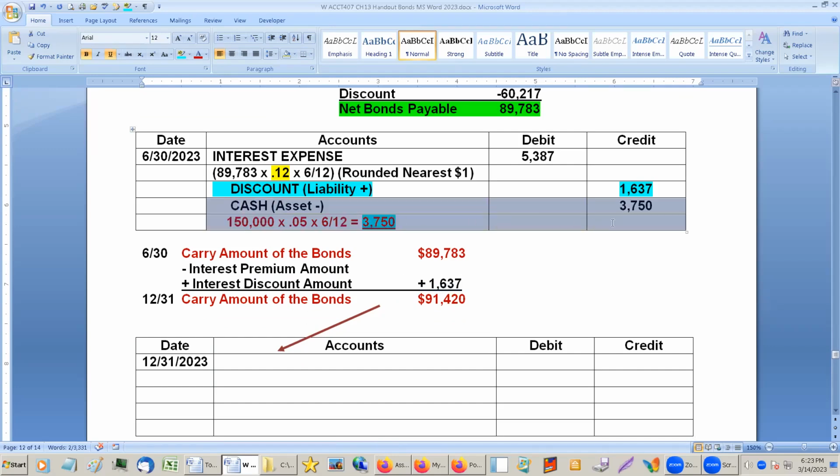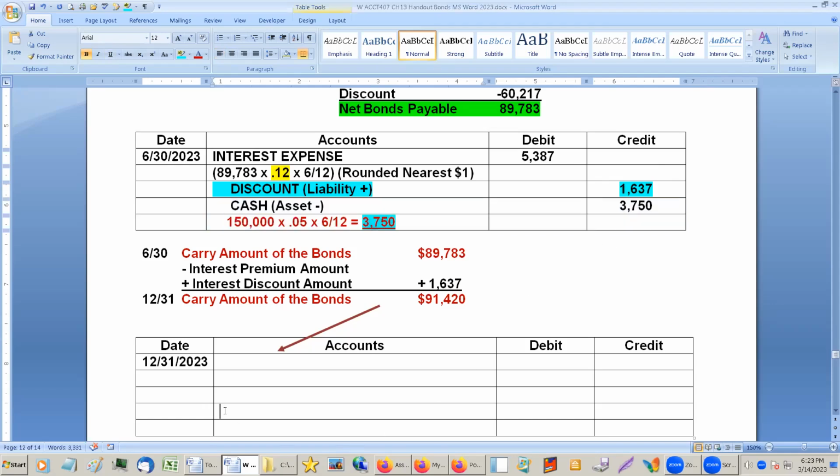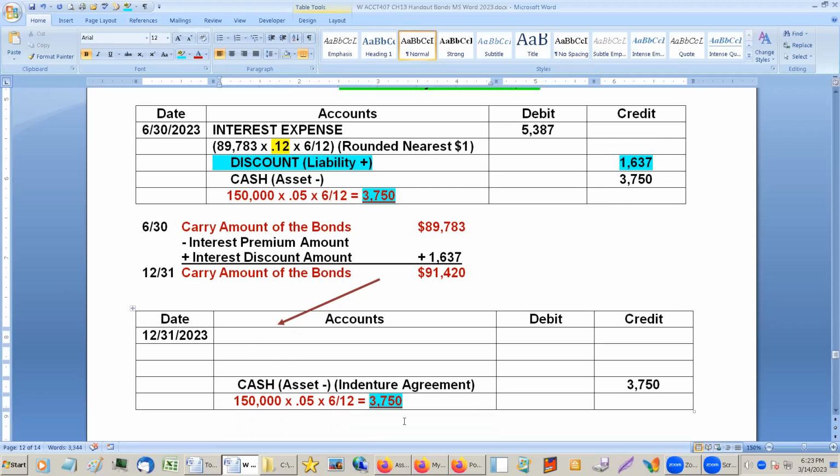Okay, cash. The cash account does not change. That's a contract. So coming down here, that's going to be exactly the same. This comes off the indenture agreement. Indenture agreement says we're going to pay $3,750.